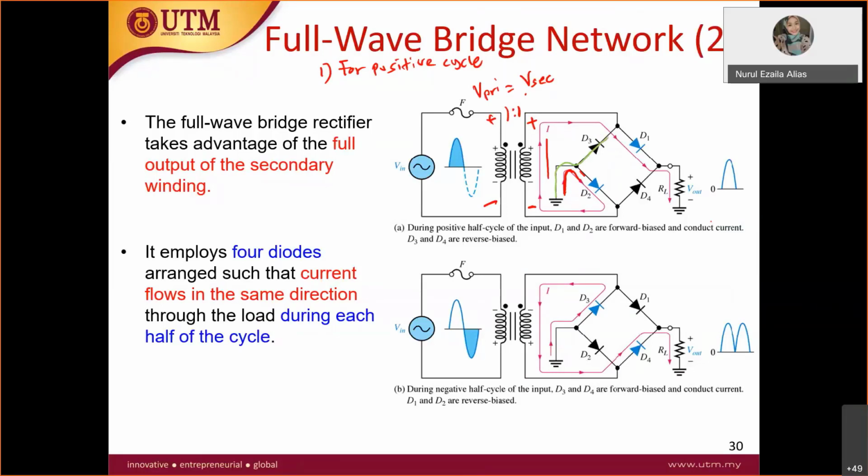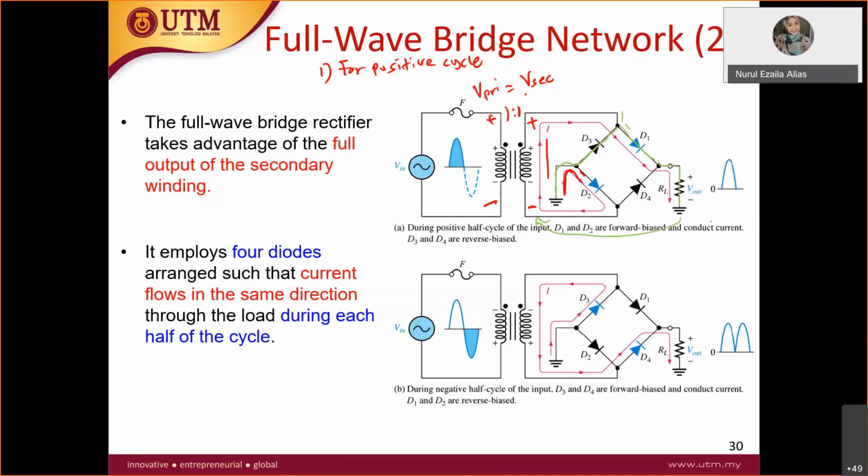And then it can go this way or this way. Remember that your objective must go to the output, go to D1, and then go to the RL. But you don't have a way to come back to your negative transformer. So this is wrong.